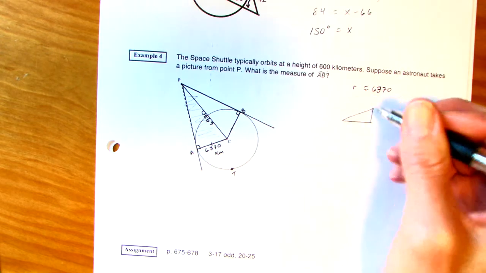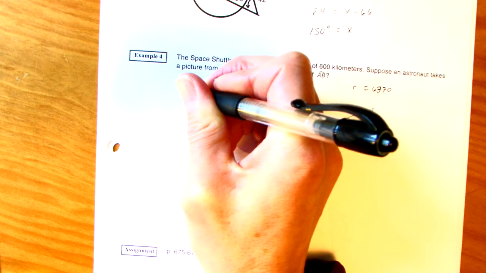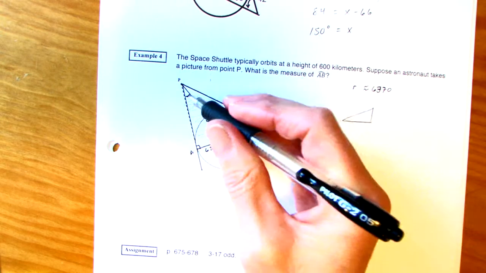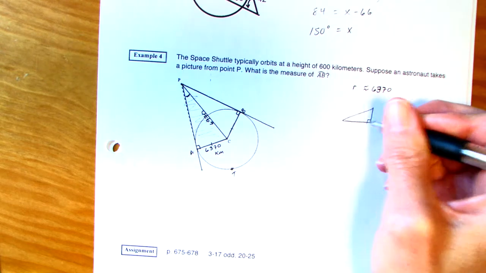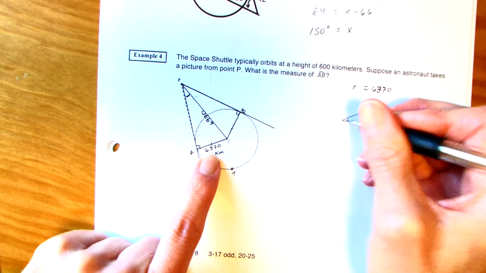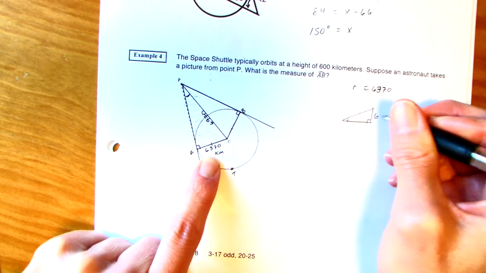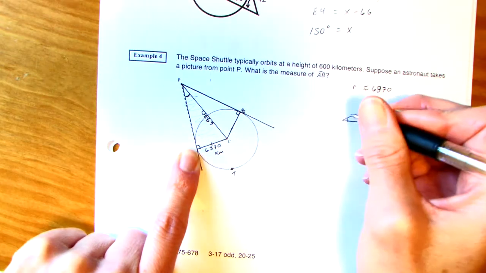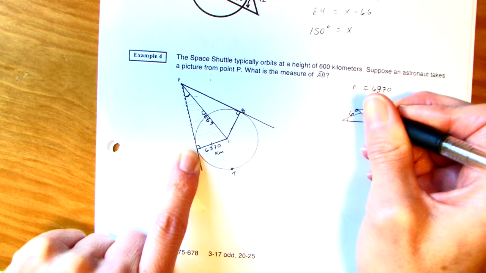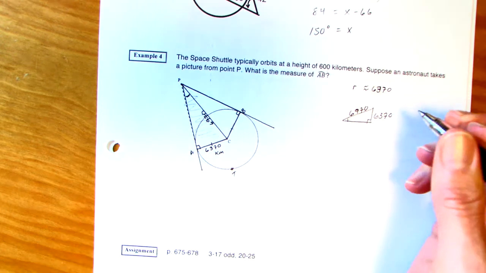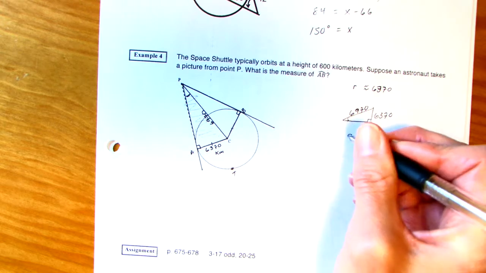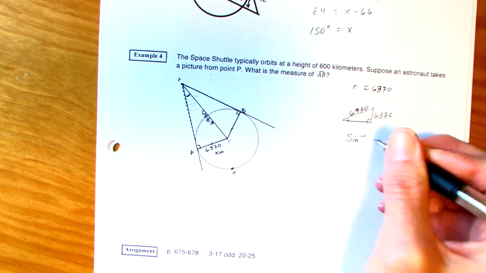So I'm going to find this angle, okay, because they want to know the measure of this arc. Well, you'll see why we're doing this angle first. All right, so the side opposite of that angle is 6370. And the hypotenuse, remember, opposite of the right angle, is 6970. So I want this angle. According to this angle, this is opposite over hypotenuse. That's sine. But I want the angle, so sine inverse.